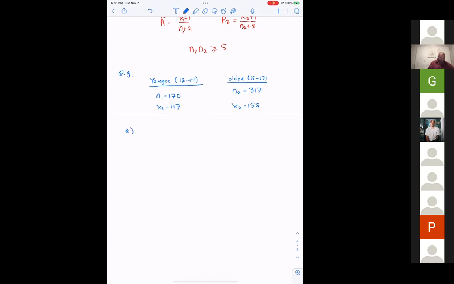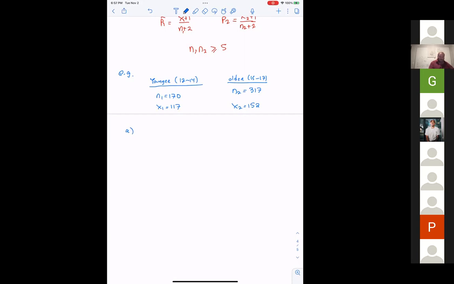So for A, it says, do these samples satisfy the guidelines for the large sample confidence interval? Is the number of successes and the number of failures for each one greater than or equal to 10? Yes.